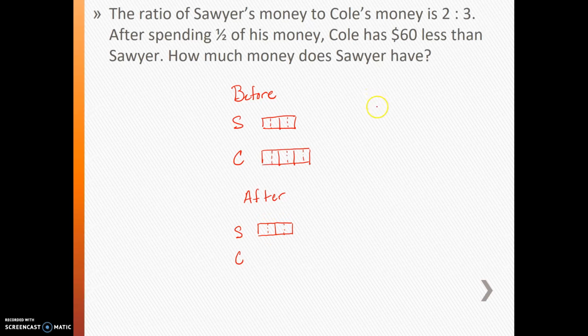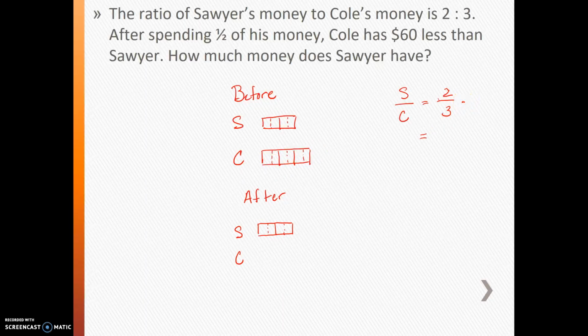Here's why. Let me just demonstrate with fractions over here. If we do a ratio like Sawyer over Cole, or we ask the question, what fraction of Cole's money does Sawyer have? We're going to get 2 out of 3, okay? If I subdivide Cole's units here, and I don't subdivide Sawyer's, look what's going to happen.